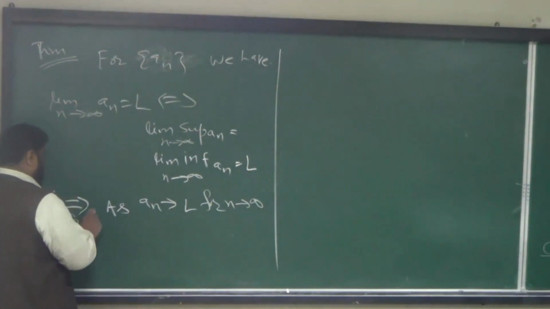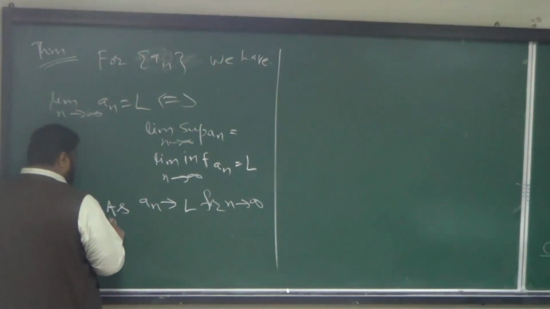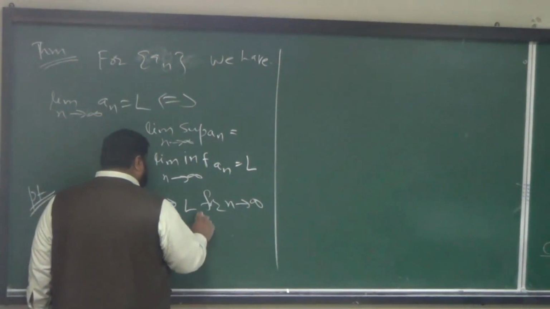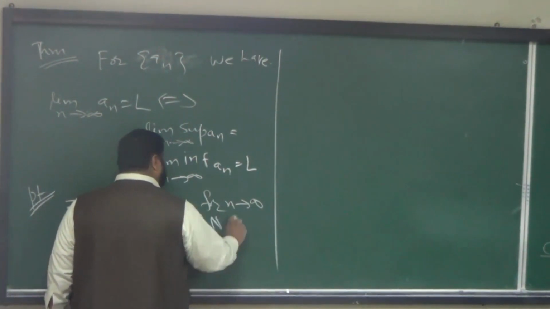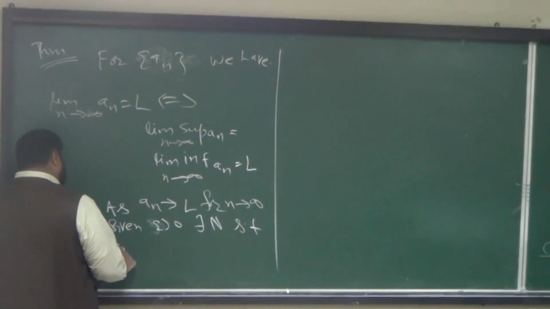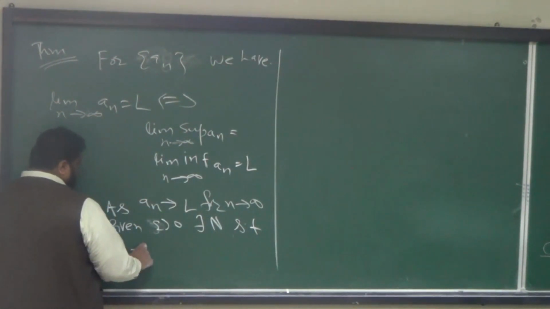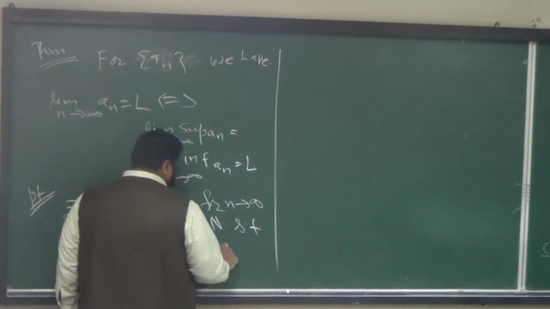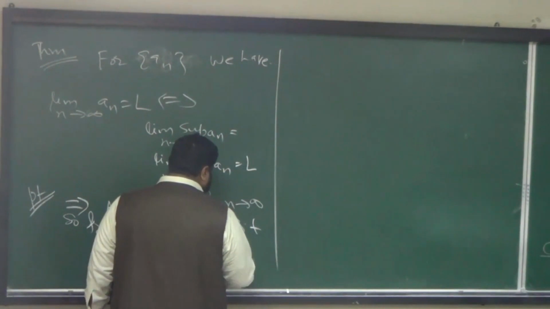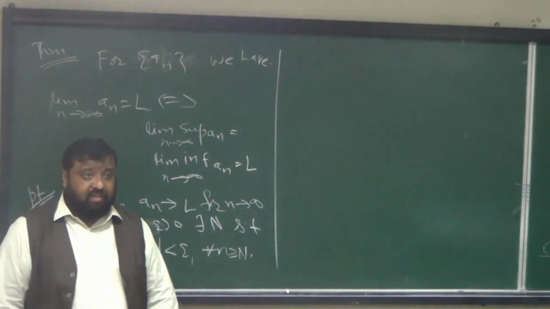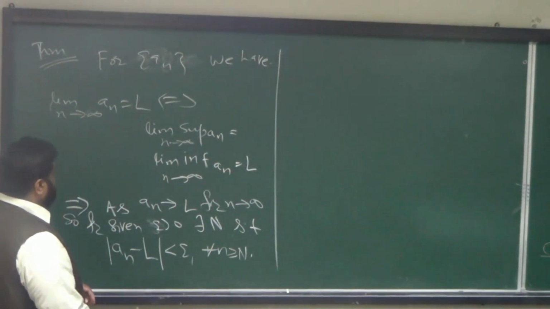So for the given positive epsilon, we're going to say that there exists a number N such that the distance between a_n and L is less than epsilon for all n bigger than or equal to N. So that's what the hypothesis is. What we'd like to prove is basically this.